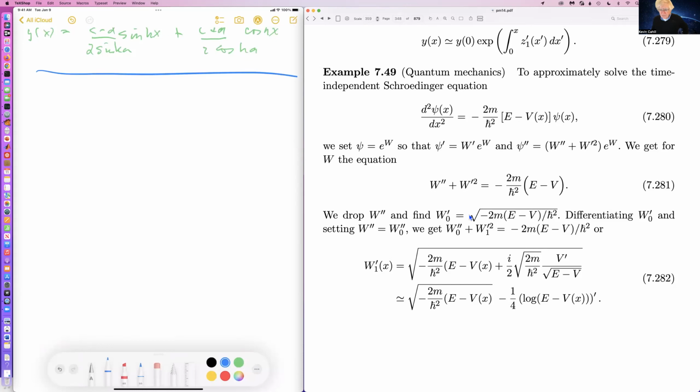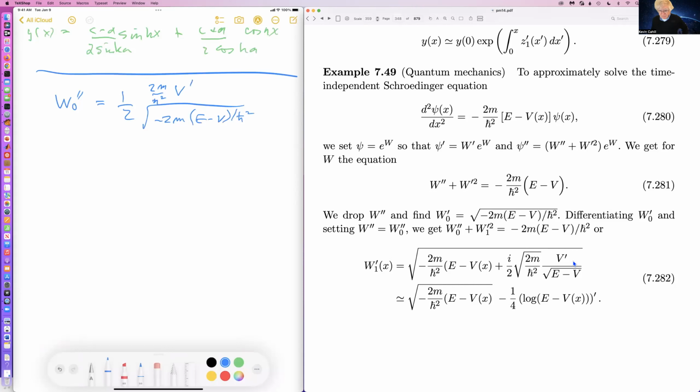And so our approximation then for w0 double prime is a half, 1 over the square root of minus 2m (E minus V) over h bar squared, and then the derivative of that, which is 2m over h bar squared V prime. And so that's the thing that you see here, basically.